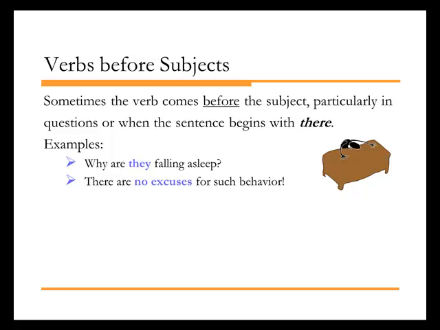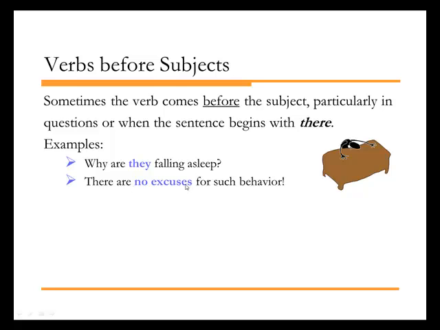Also, in this sentence, there are no excuses for such bad behavior. There can never be a subject either, because like a question word, there isn't a noun or a pronoun. So if you begin a sentence with the word there, you will know that your subject will come after your verb. Here is my subject, no excuses.